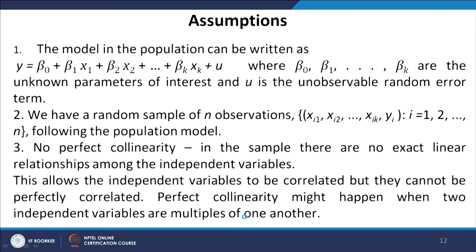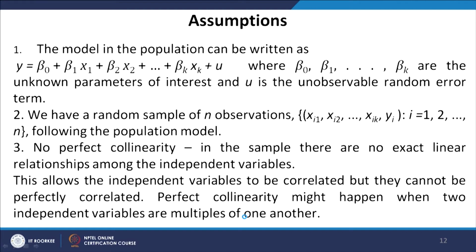So, the first assumption relates to the model specification in the population. Second, we have a random sample of n observations, x i1, x i2, x ik and y i, with i running from 1 to n, following the population model. So, the second assumption states that we pick a sample of size n from the population.